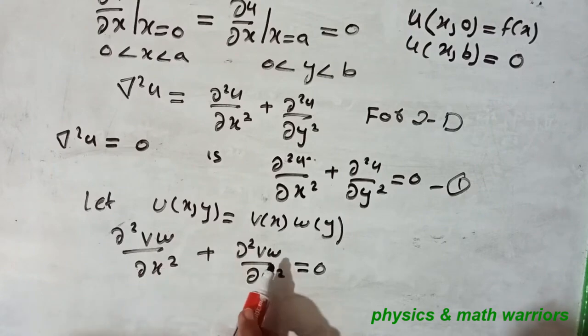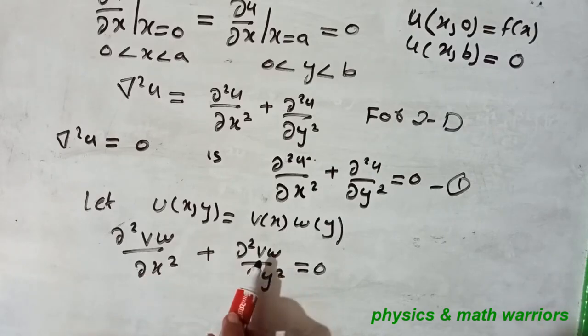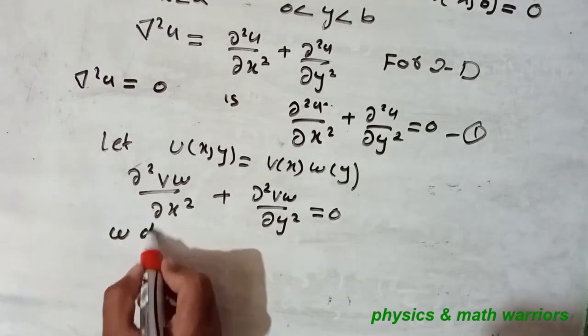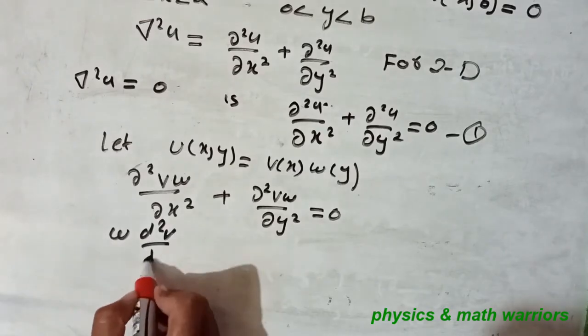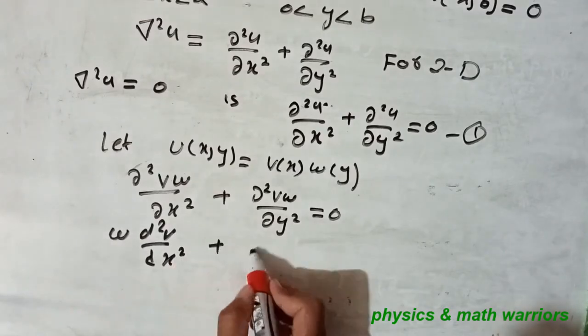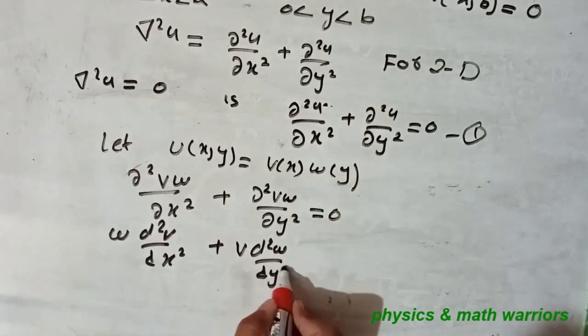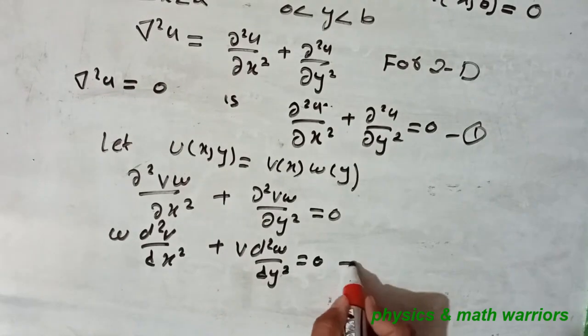Similarly, partial derivative of omega with respect to y exists, and v of x, which is function of x, is constant for y, and partial derivative change into ordinary derivative. So this become omega d square v over dx square plus v d square omega over dy square is equal to 0. This is equation number 2.